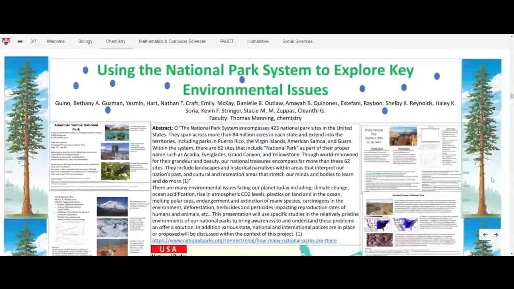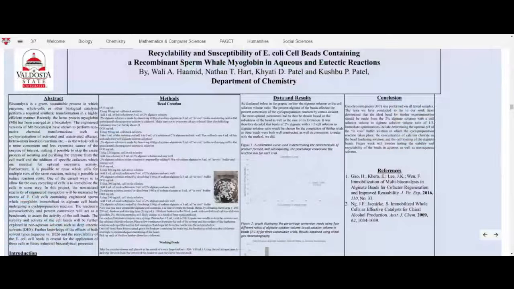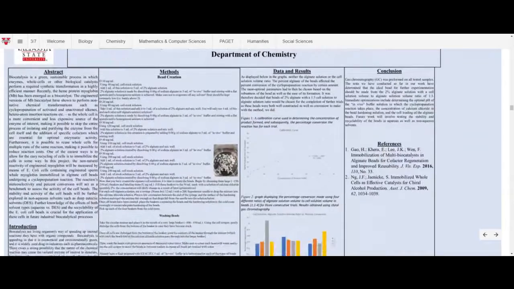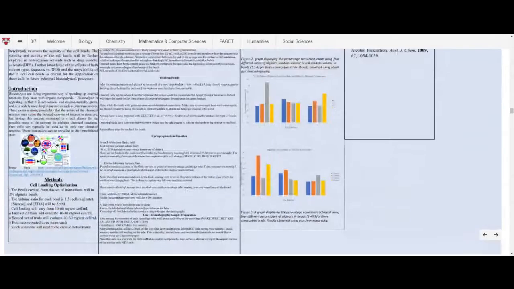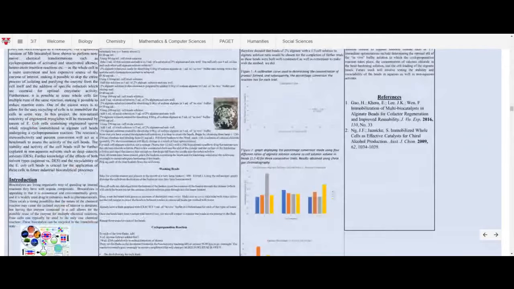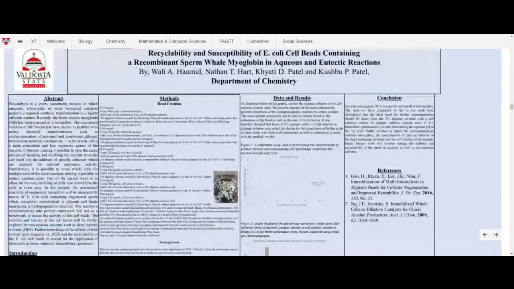All right, so she's going to be working to pull that up, and I've already found you in my scroll. I don't know if other people are doing the same, but can you tell us about what you were doing? So basically, with prior research, we're engineering a biocatalyst for the purpose of recycling and efficiency of biocatalysts, because biocatalysts, especially myoglobin from a sperm whale, are very hard to use a lot of.